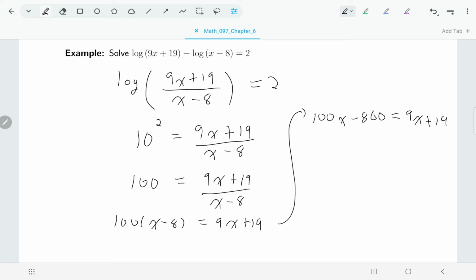And now all I need to do is continue by first bringing the 9x to the left side, and then bring the 800 to the other side. So I'll have 91x equals 819, and then divide by 91. And when I divide by 91, I get 9.